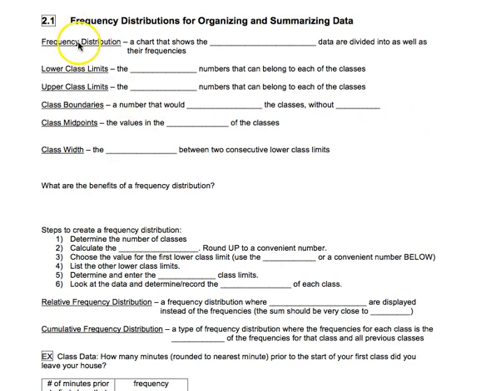So definitions that are important, if we want to create a frequency distribution, probably important that we know what it is. A frequency distribution is a simple chart that shows the categories, which we call classes, that data are divided into, as well as their frequencies, meaning how many of our sample or of our population fall into that particular class or that particular category.